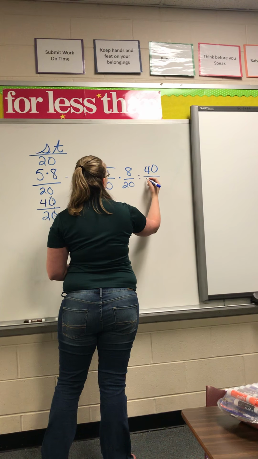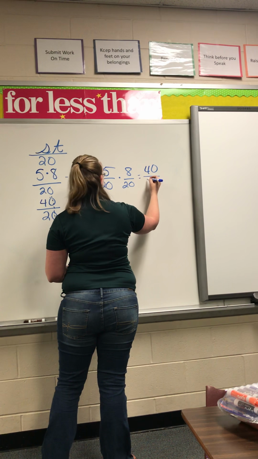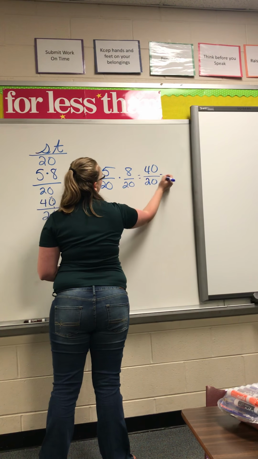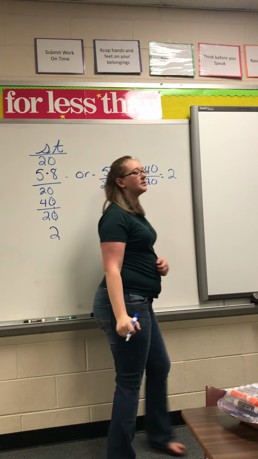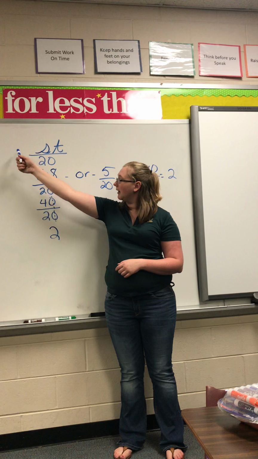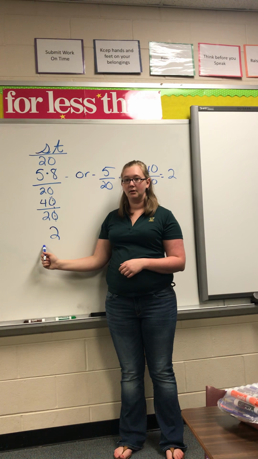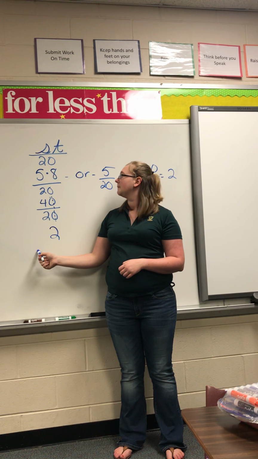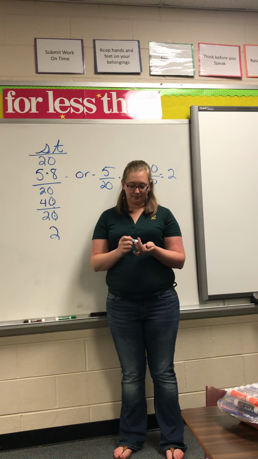Divided by our denominator, 20, and that still equals 2. All right? So, I'm going to recommend that we do it this way. It's easier and it shows all of your work. Okay? The other way is still possible.